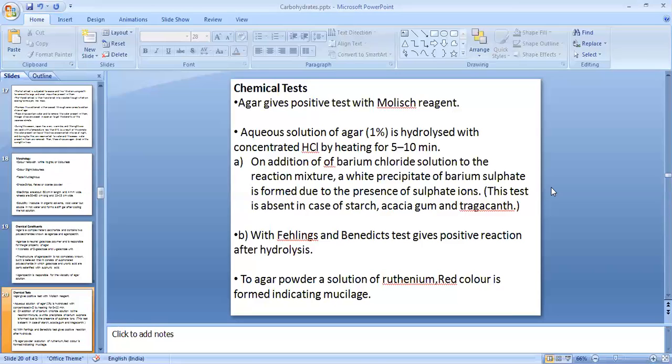And to the agar powder, if you add a few drops of ruthenium red solution, the particles acquire a pink color, which is due to the presence of mucilage. This will not happen in the case of gums like acacia and tragacanth.